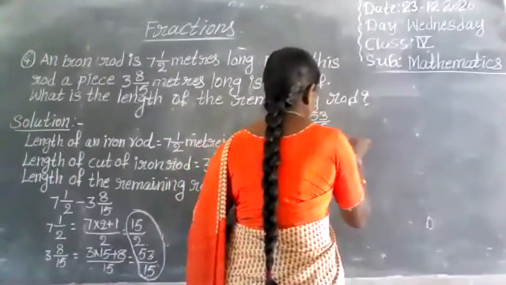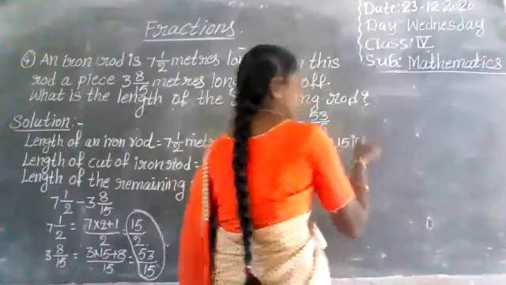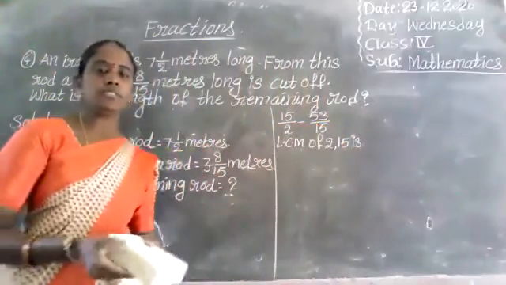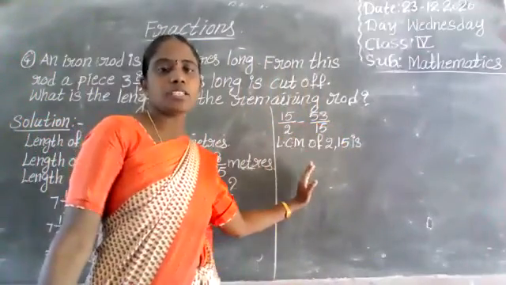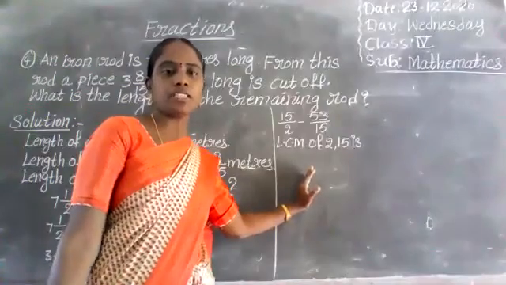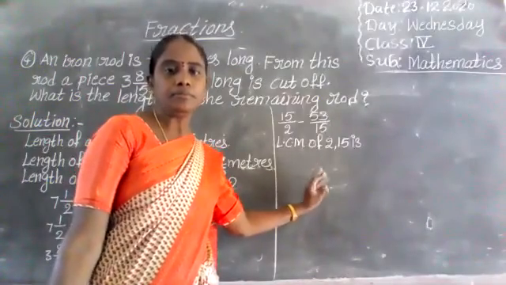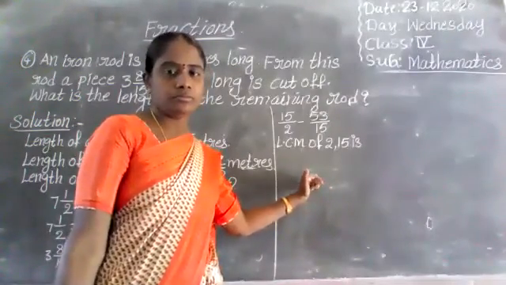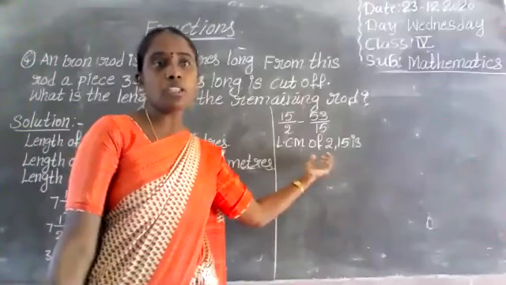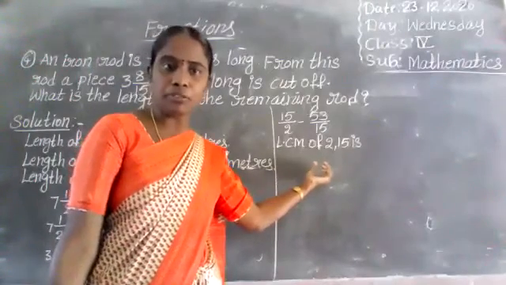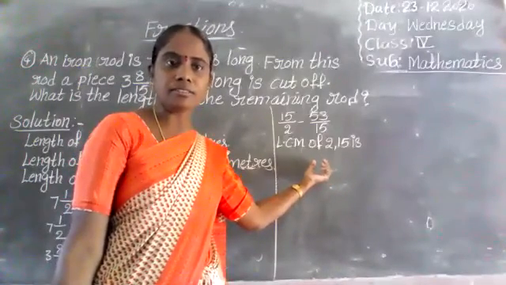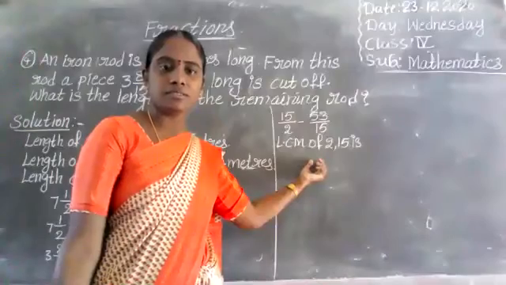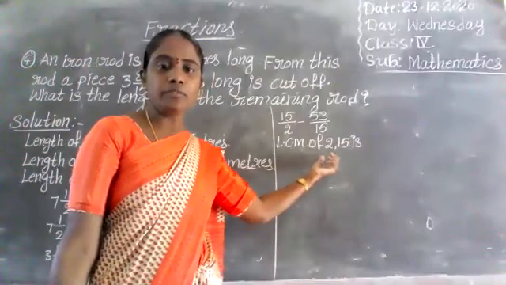LCM of 2, 15 is. What is the LCM? No, 15 is a common multiple, not the least, amma. In the 2 table 15 will not come.